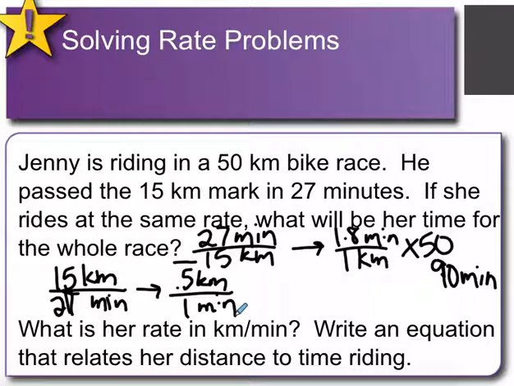And so we could then figure out, if this is my rate, my general equation is distance equals rate times time. So I could plug in, I know that my distance is 50. I know that my rate is 0.5 repeating, but I don't know my time. So I could take that 50 and divide it by 0.5 repeating and see that we do, once again, get 90 minutes for my time. So a couple ways to do this problem.